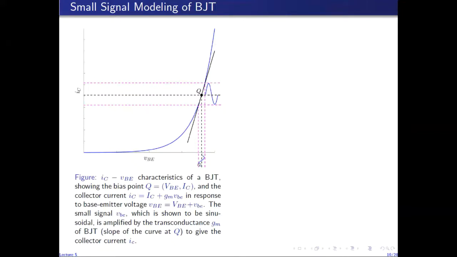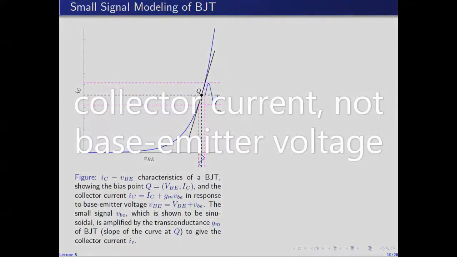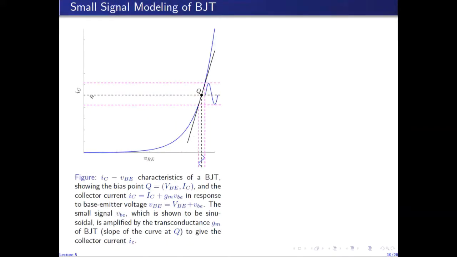So this blue sinusoidal signal is the perturbation on top of capital VBE. This is small vbe. This blue curve, with the DC offset given by this black dotted line, is the overall base-emitter voltage, which generates the output riding over the black dotted line, which is the DC collector current.